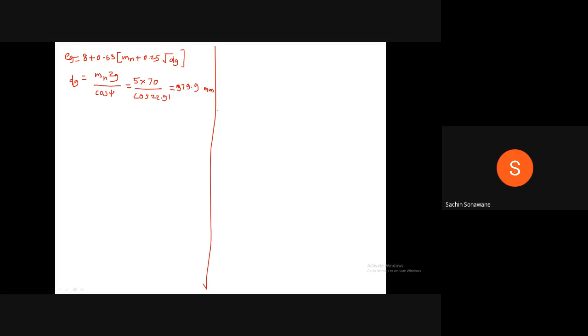Now therefore calculate eg. eg is equal to 8 plus 0.63 into bracket 5 plus 0.25 into bracket 379.9.